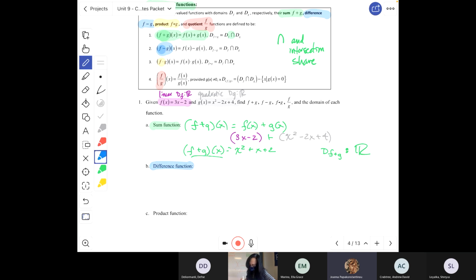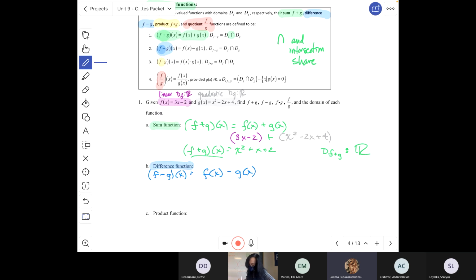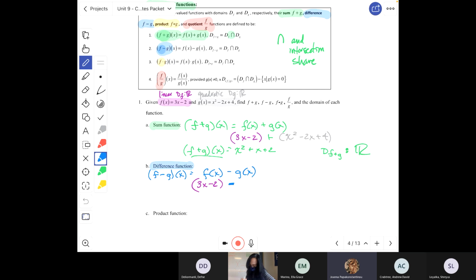So the difference, let's say f minus g of x, can be written as f of x minus g of x, which just means, and the order matters, so f of x minus g of x.